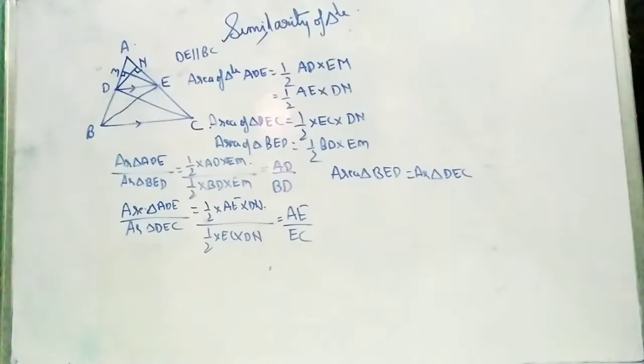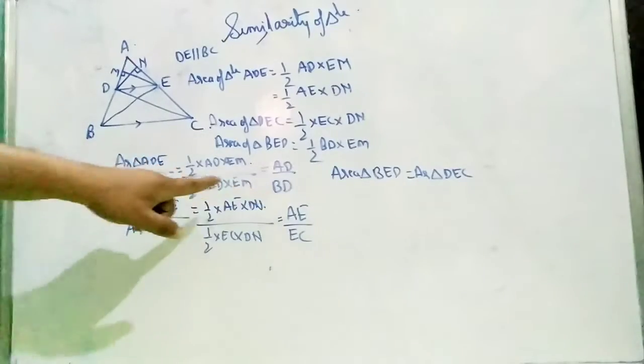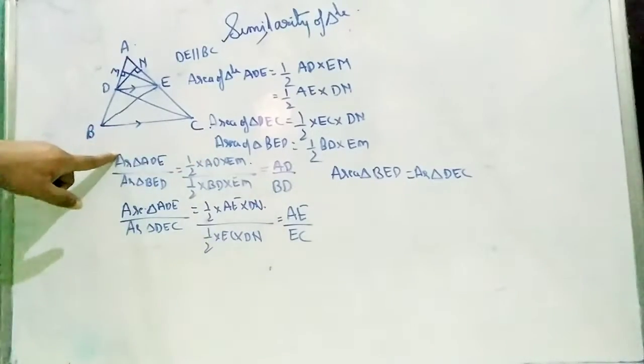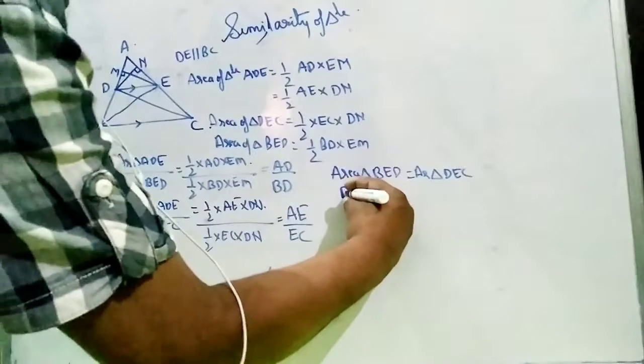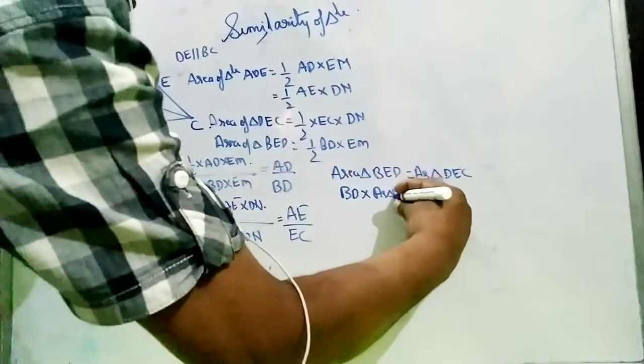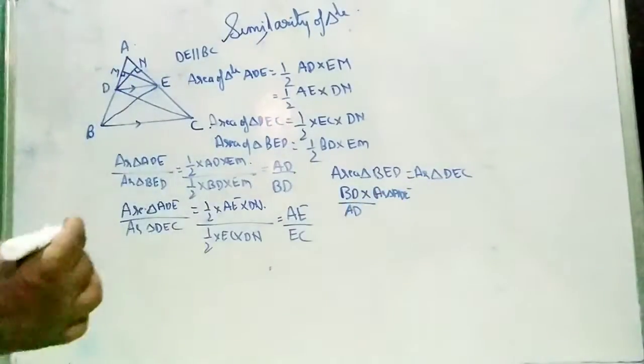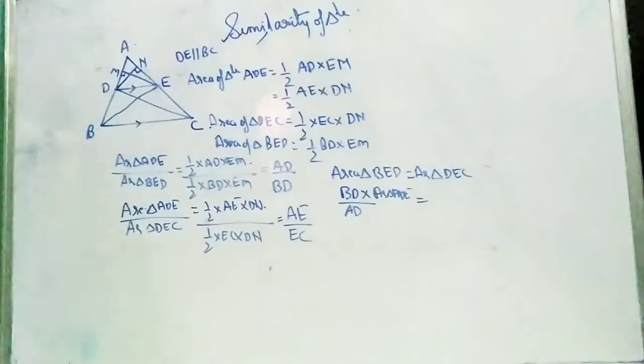Is this clear? Now what is the area of triangle BED? It is BD into area of triangle ADE upon AD, which is equal to area of triangle DEC.